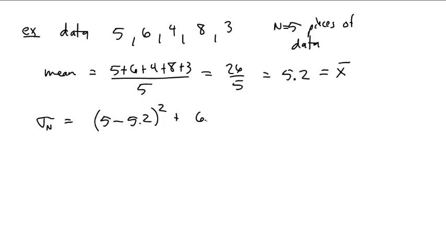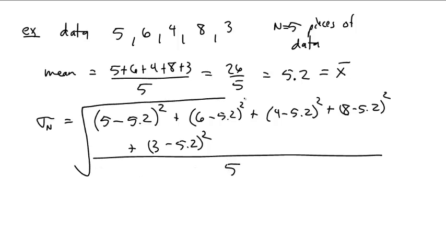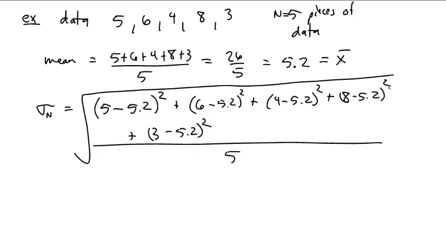And we add to that 6 minus 5.2 squared plus 4 minus 5.2 squared plus 8 minus 5.2 squared plus 3 minus 5.2 squared. We add all of those up, we divide by 5, and then we take the square root. What is that? 0.2 squared plus 0.8 squared, well, minus 0.8.